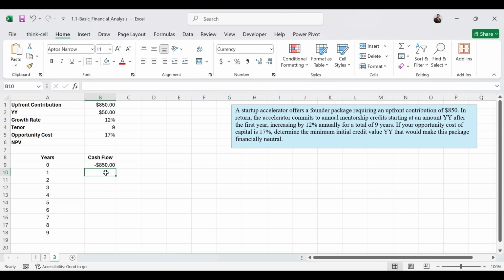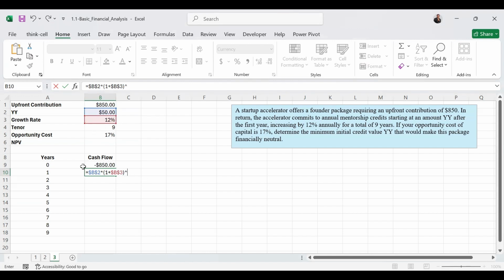To be able to show this, I will start by entering my equal sign here. Then B2, which I will make absolute, and then I will multiply it by 1 plus the growth rate. The growth rate, I also make it an absolute value. Then I will take the exponent.